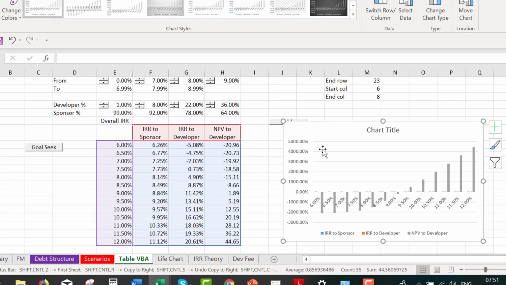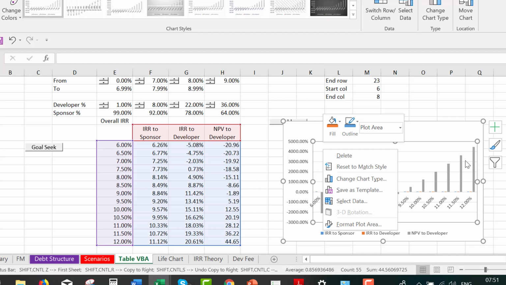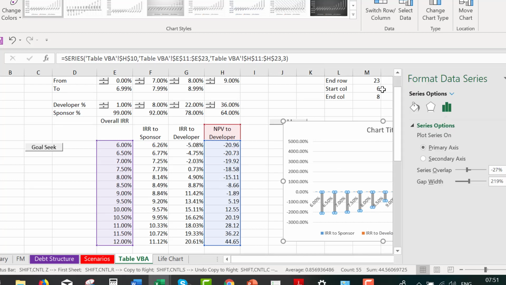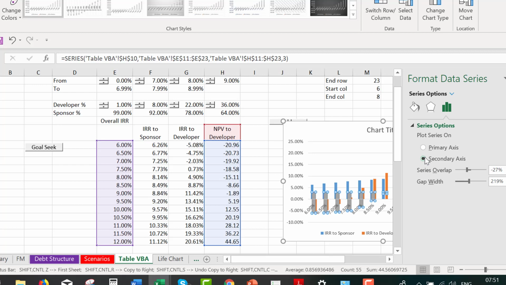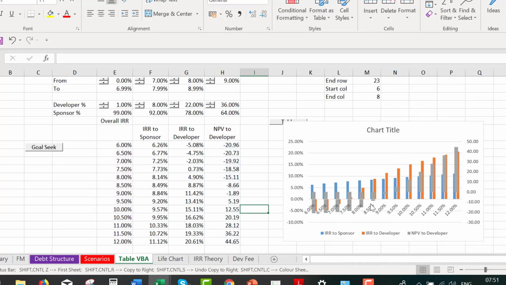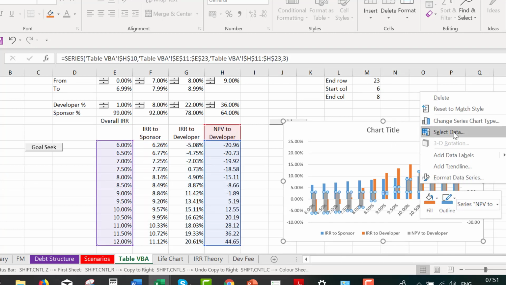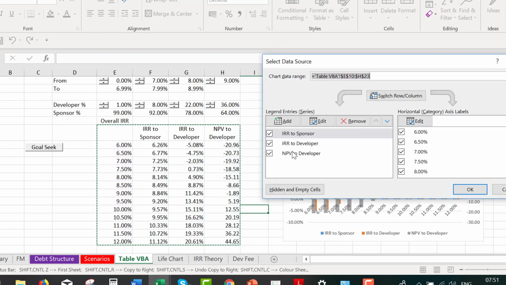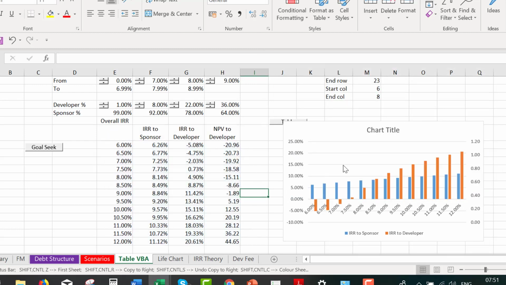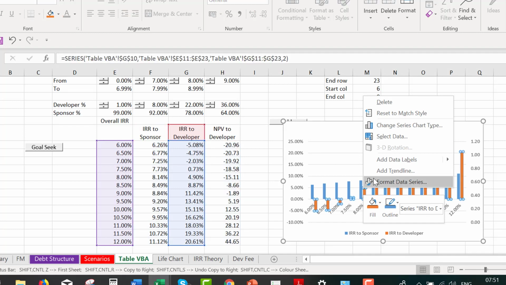Let's format the data series and put that on the secondary axis. Let's get rid of this: select data, take the NPV out. Is that okay? Then we can see whether this works better with a line.